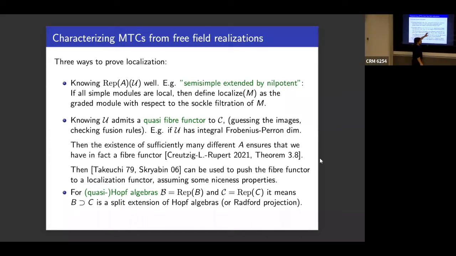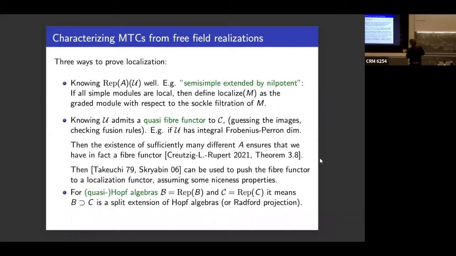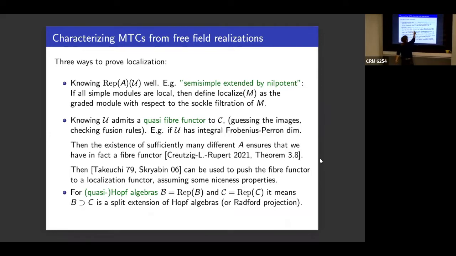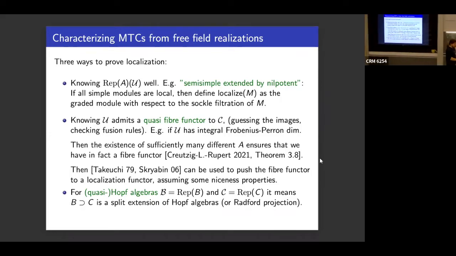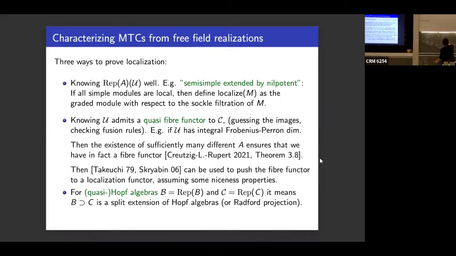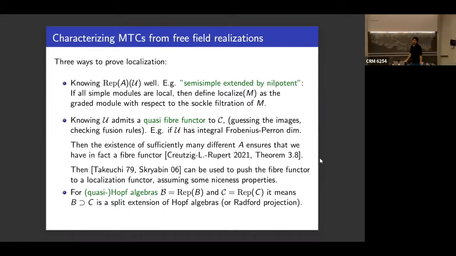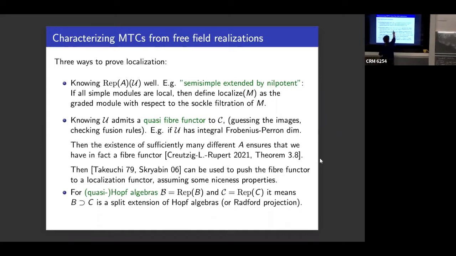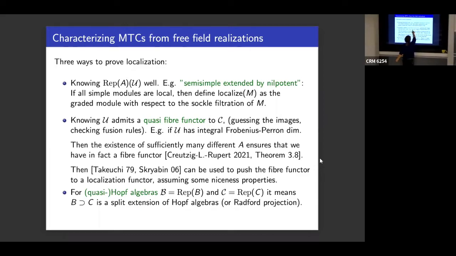Also, going on this side, which is more involved, in the application we need it. Suppose we have a quasi-fiber functor to C. So suppose I have a guess for a functor like this, or a guess for the composition of this. How can this be? Well, in the example that we have, the triplet, we have enough fusion rules, so we can guess a forgetful functor to Vect.